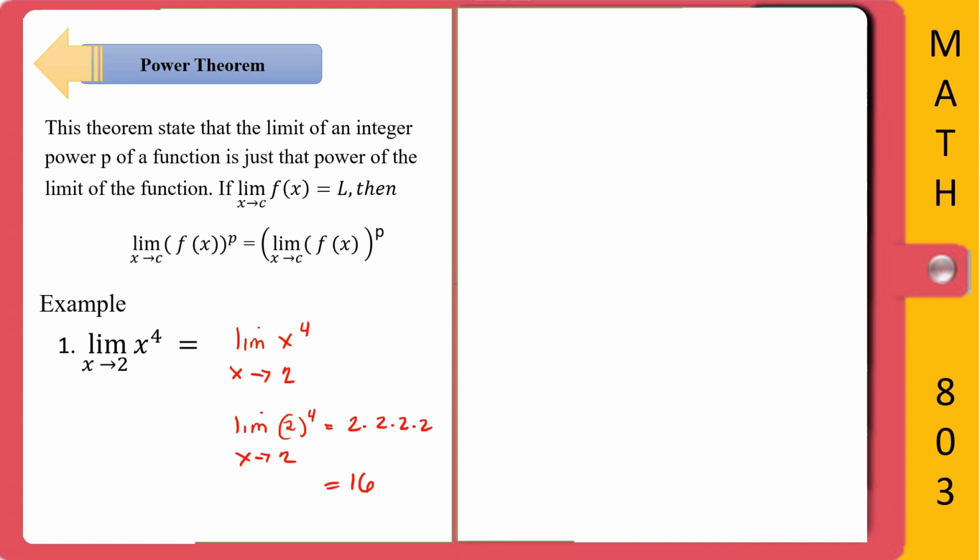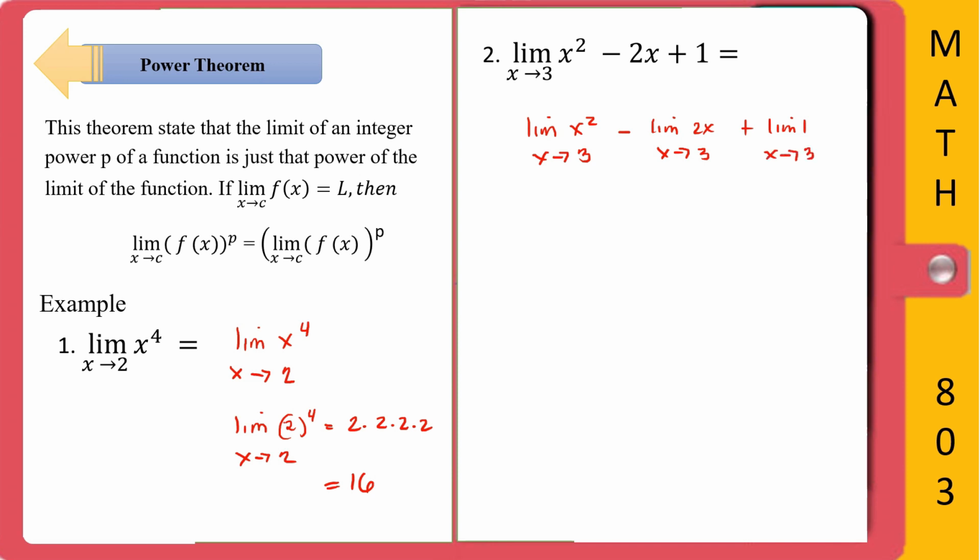Next, we have the limit of x squared minus 2x plus 1 as x approaches 3. Here, as you can see, we have 3 terms. So we need to distribute the limit as x approaches 3 in each term. So it becomes the limit of x squared as x approaches 3, minus the limit of 2x as x approaches 3, plus the limit of 1 as x approaches 3.